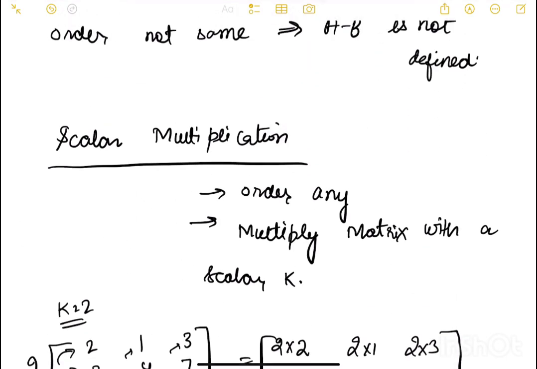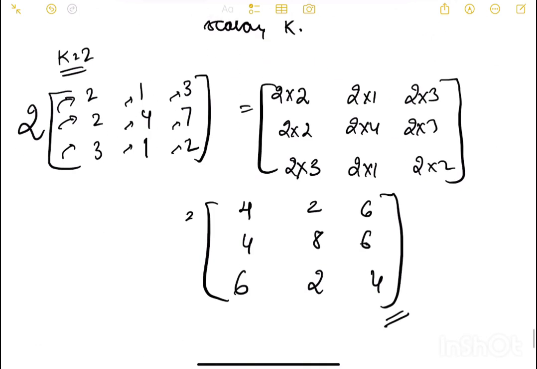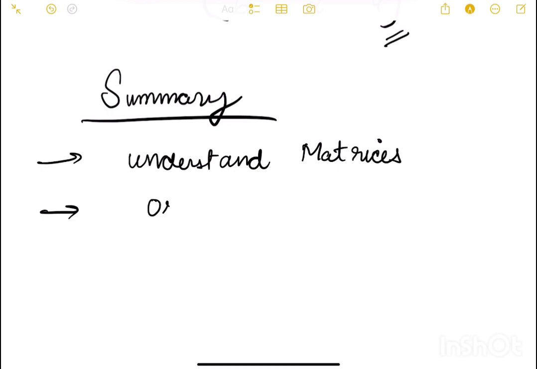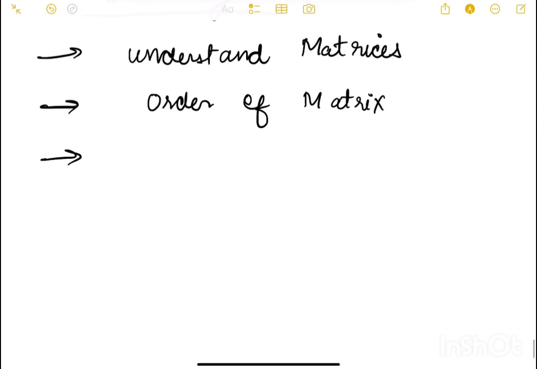So what have we done overall? If I were to give you a summary of what we just did: understand what matrices are, what the order of a matrix is, what the types of matrices are.